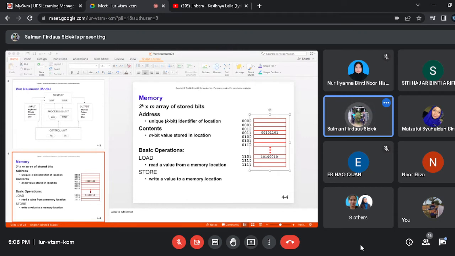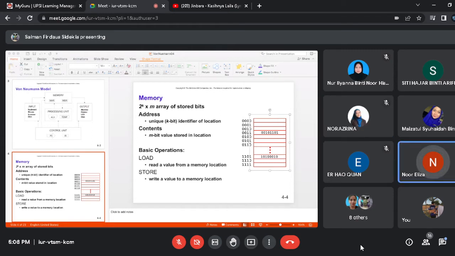Okay, if you want to send the data, it means data will be sent from where? Memory to CPU. Memory to CPU. As easy as that.